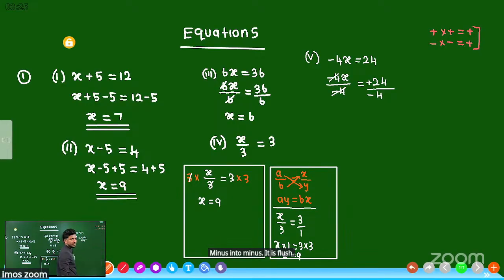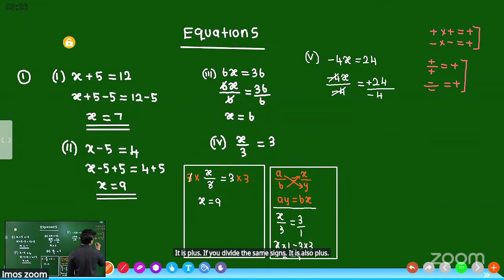So you can remember that. If you multiply the same signs, it is plus. And also, if you divide plus by plus, it is plus. If you divide minus by minus, it is plus. If you divide the same signs, it is also plus.